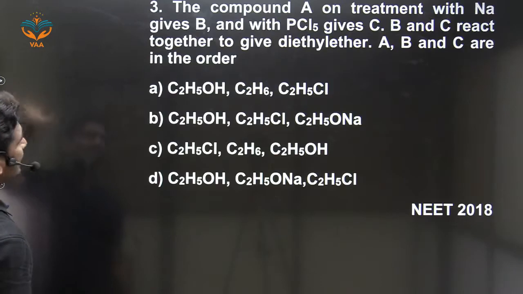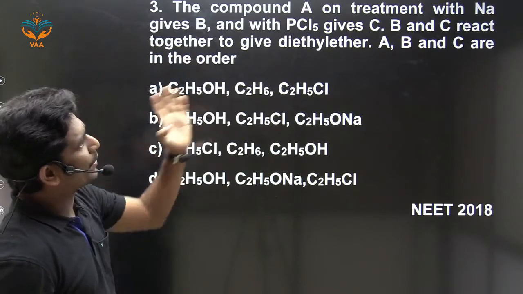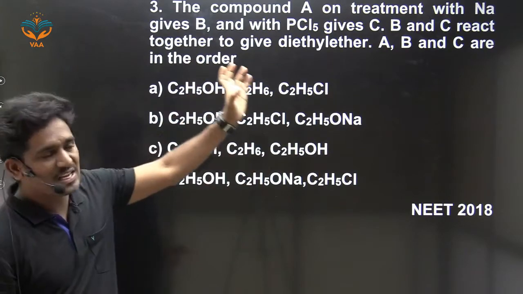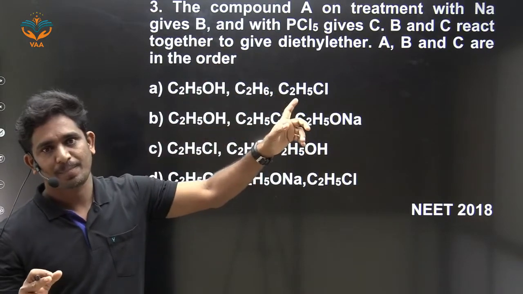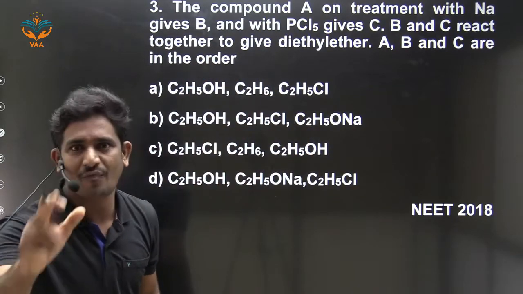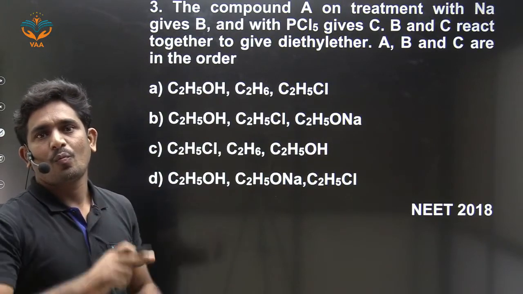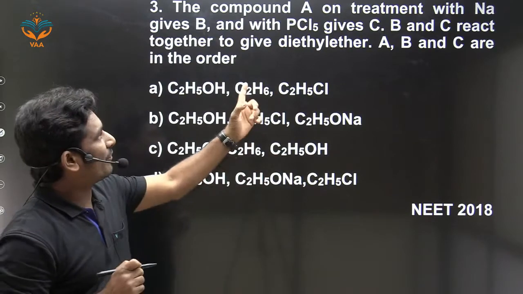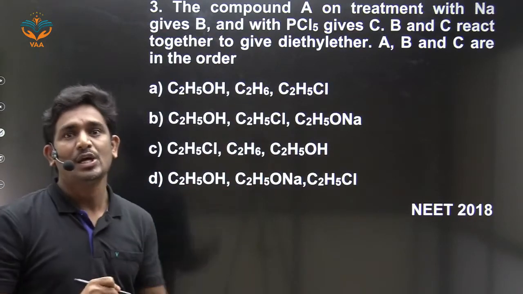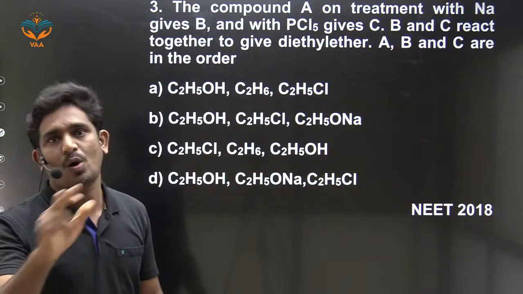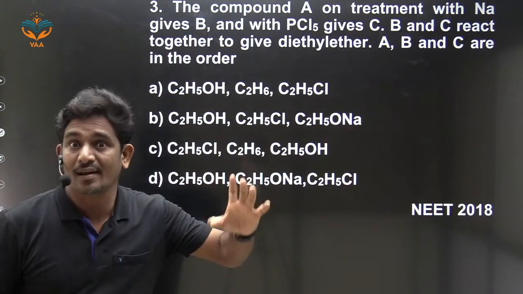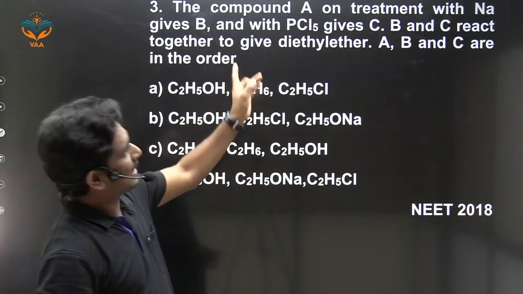The next question: compound A on treatment with sodium gives B and with PCl5 gives C. The moment you see PCl5, what must you know? It is a strong halogenating agent, so the reactant must be an alcohol or carboxylic acid.